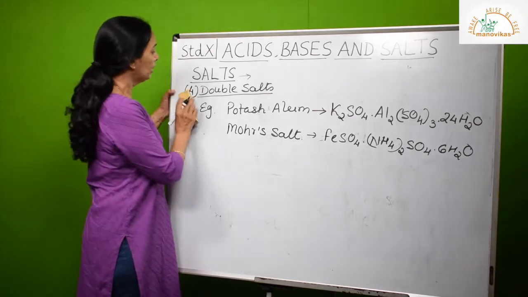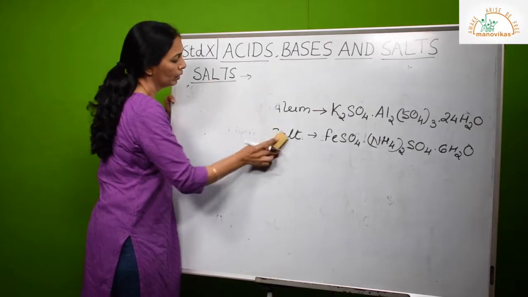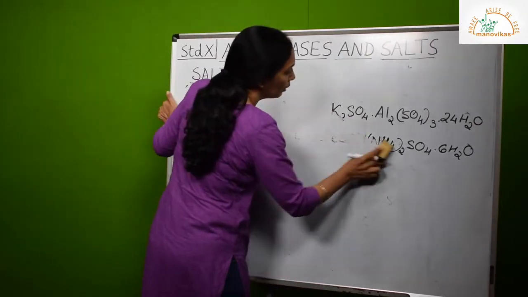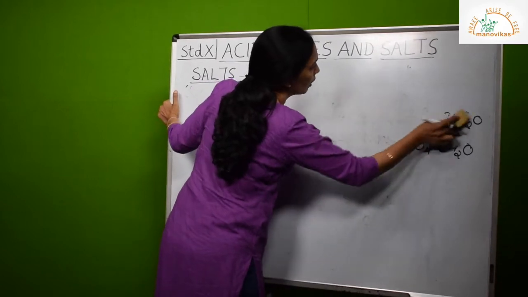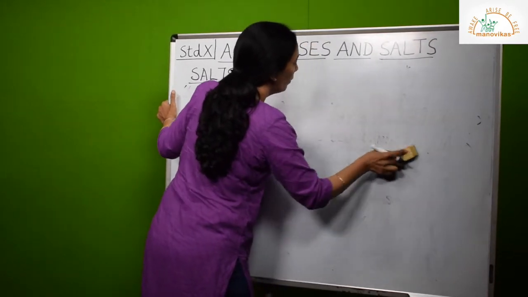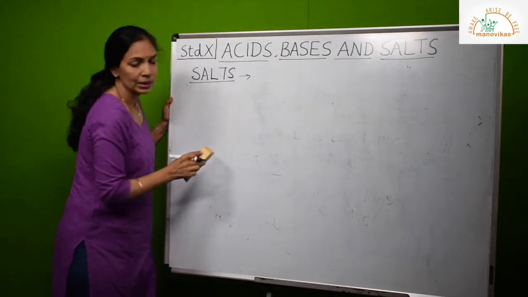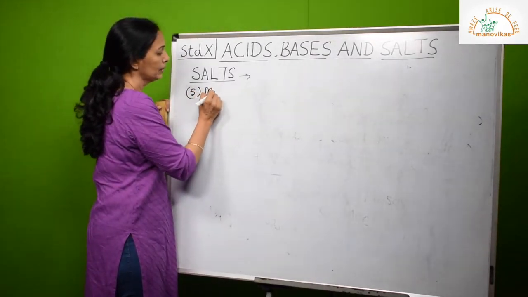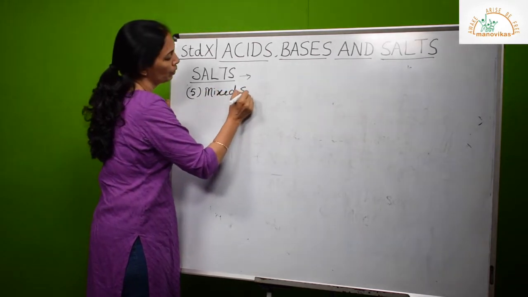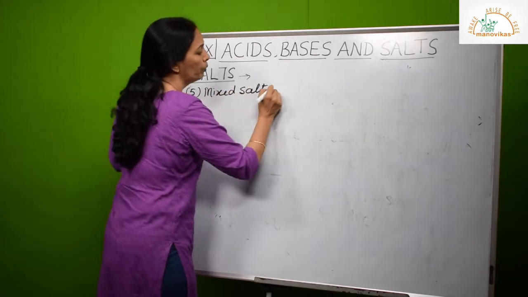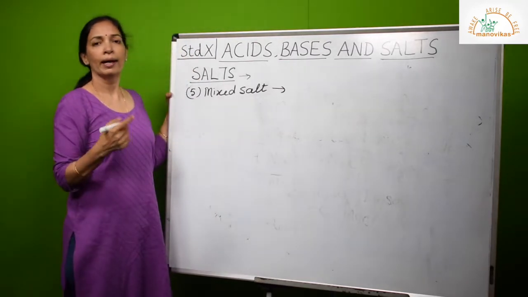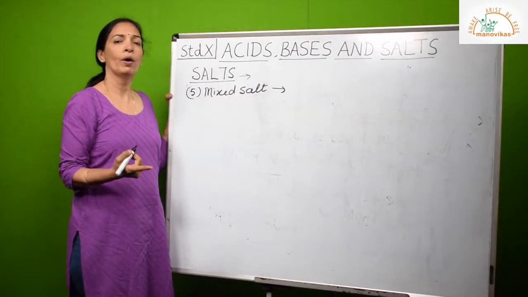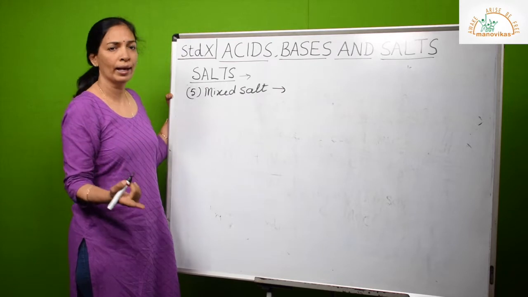Okay. After double salt, you have mixed salts. Now a mixed salt is a salt in which the number of cations or anions will be more than one. So the fifth one is mixed salt. Either two cations and one anion will be there, or one cation and two anions will be there.